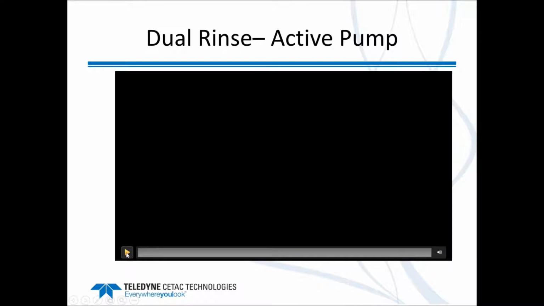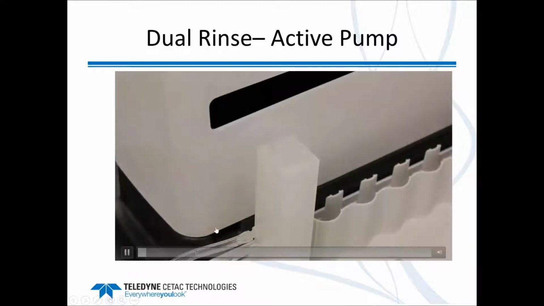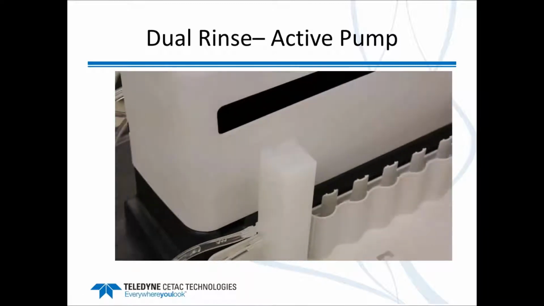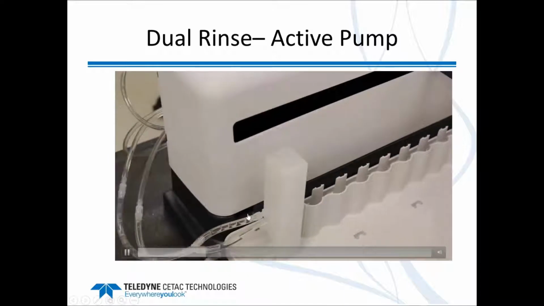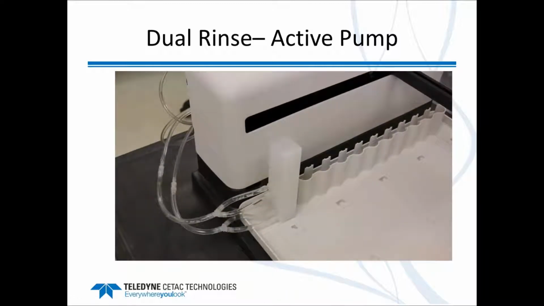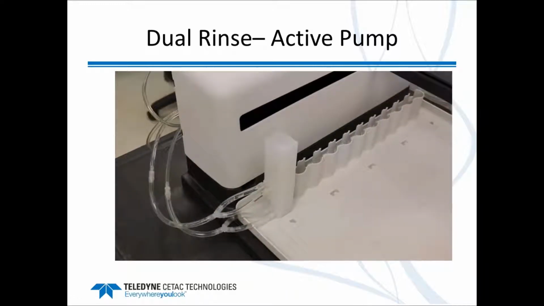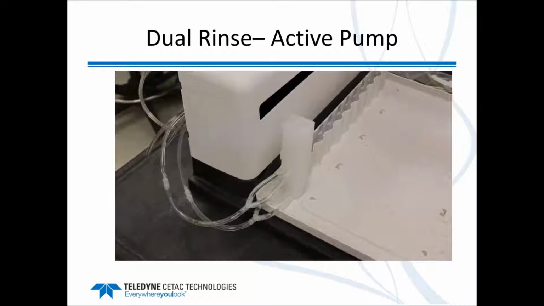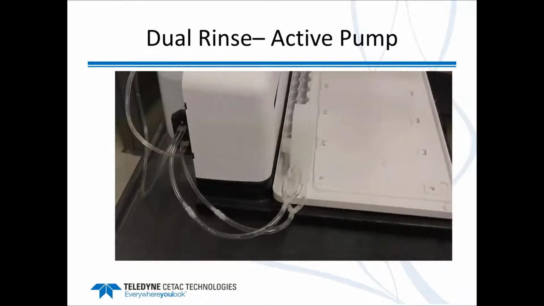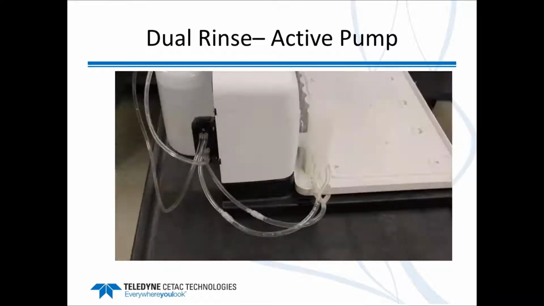So here I have a video of the rinse station in action. It may be difficult to see if there's buffering issues, but I'll explain what's happening in case it is jumpy on your screen. This is configured with the active drain so that the material being pulled out from the top two tubes is being pulled out at a faster rate than what's being fed into the bottom two.